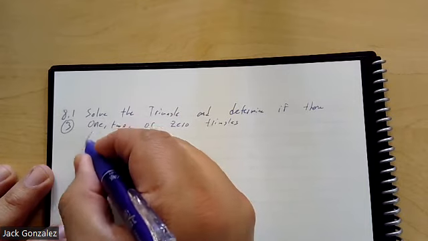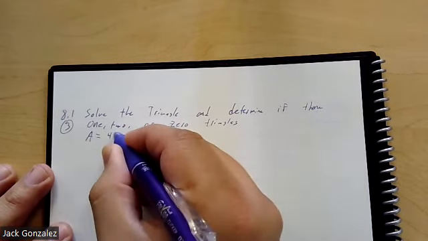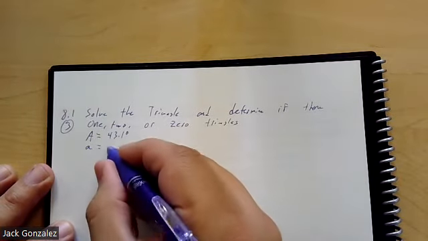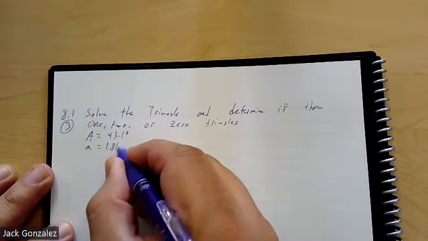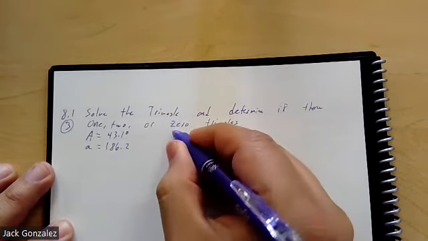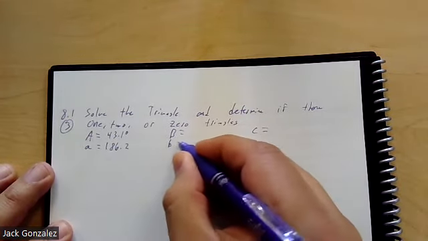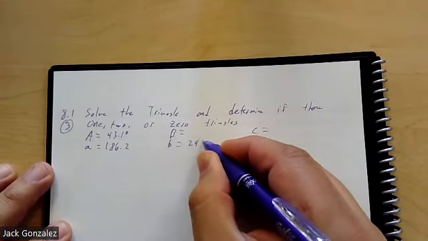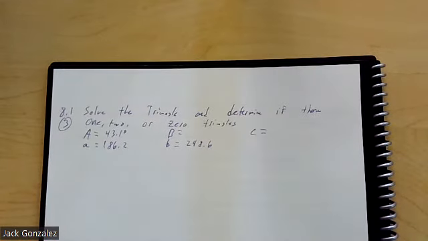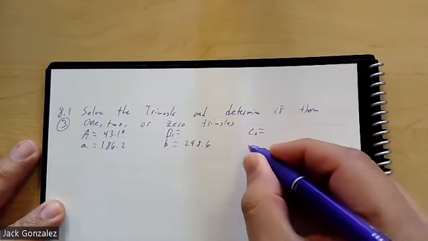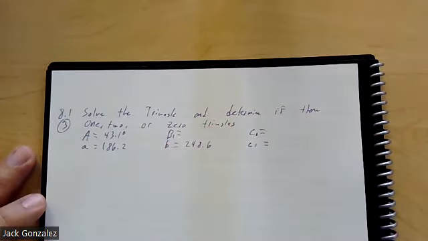Okay. So they give us capital A and lowercase a. Capital B is not there. Capital C is not there. Lowercase b is there. So this one will have two triangles. Just to be ready, we'll call this B1, C1, and C1.